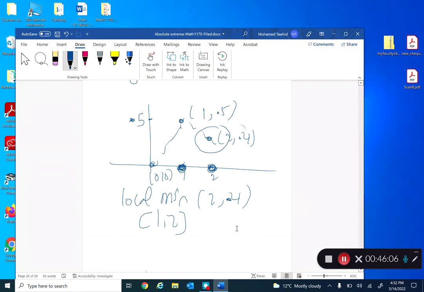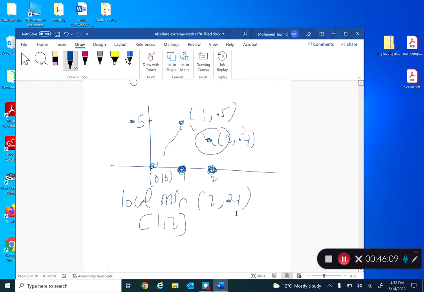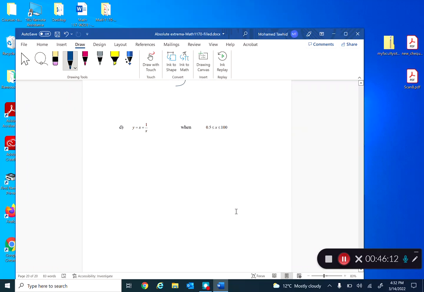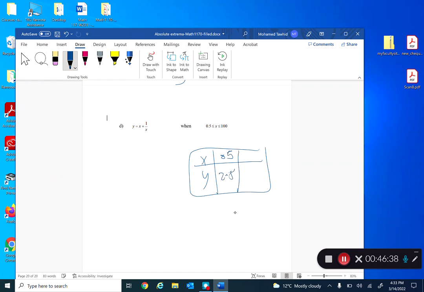All right guys, I will stop here. You have another one here, but I'm going to leave it to you, so you can try this one. When you make the table, the conclusion is x and y, or x and f of x. Here you could have 0.5, 2.5, the other one 1, 2, and the other one 100 and 100.01.